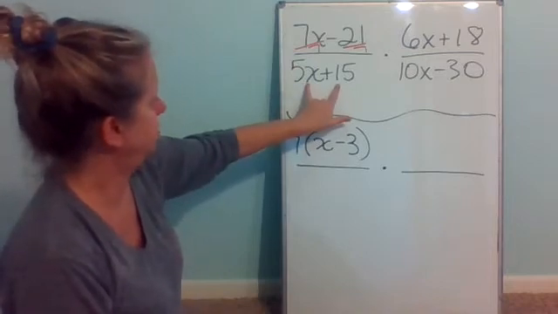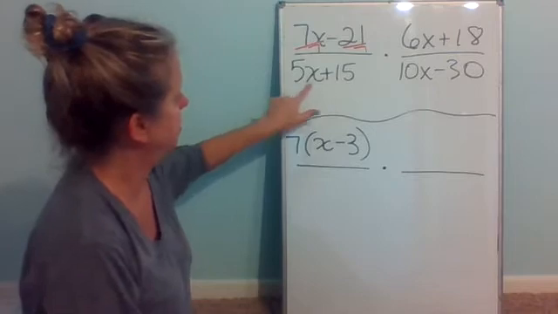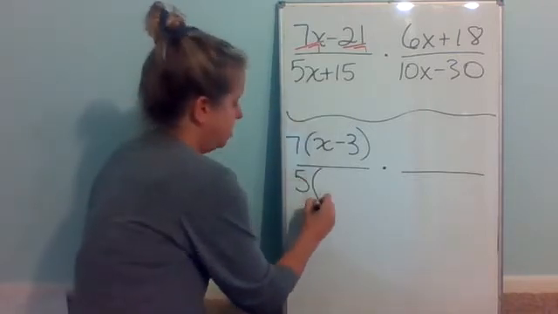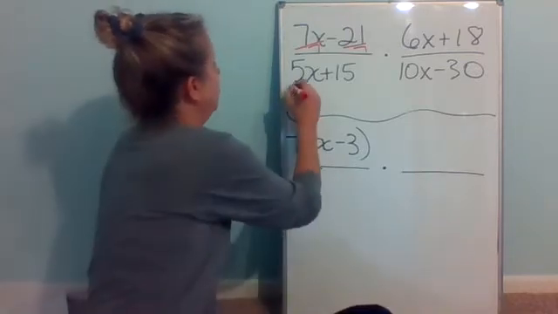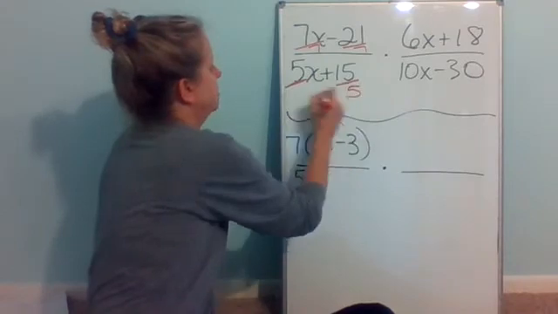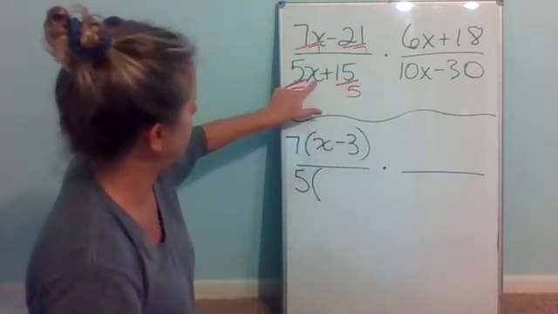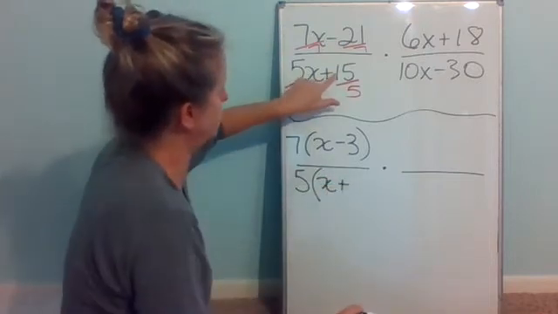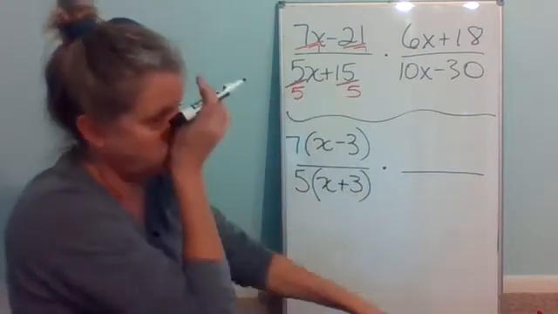Look at this one. What goes into 5 and 15? 5 does. So I'll pull out the 5, put in parentheses what is left. So if I divide these both by 5, put in parentheses what is left. Here I'll have an x, this time plus 15 divided by 5 is 3.